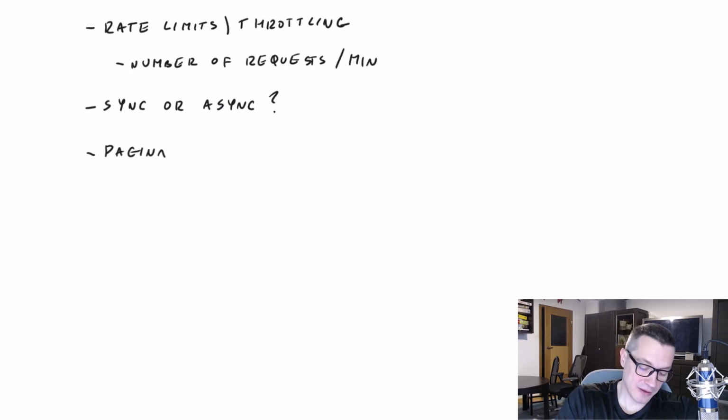Next, in case of APIs and big data responses, usually the data is not sent as a whole in one response. Let's say you want to grab 100 megabytes of data from a Web API. There's no way you will receive this in one go. No. The response will be split into multiple pages, multiple responses, and then based on the API and how it is implemented, you will have to go and ask for every page of the response separately.